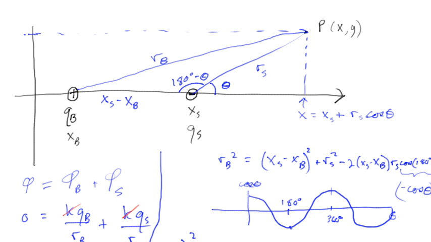So this will be Y, RS sine of theta. It looks like I got a little dot there that isn't needed. So Y equals RS sine theta.